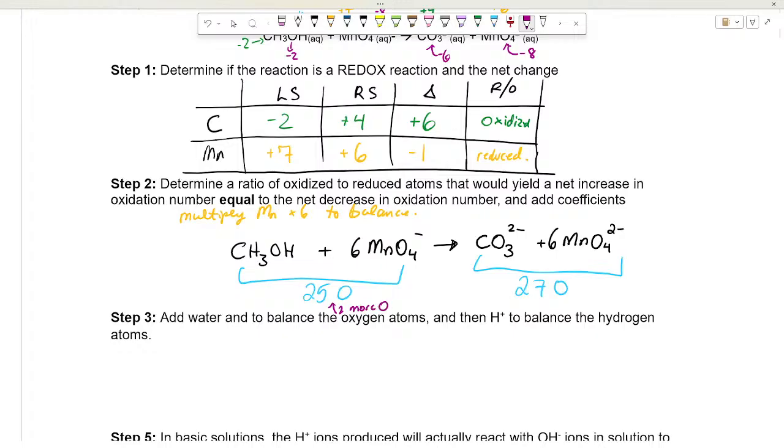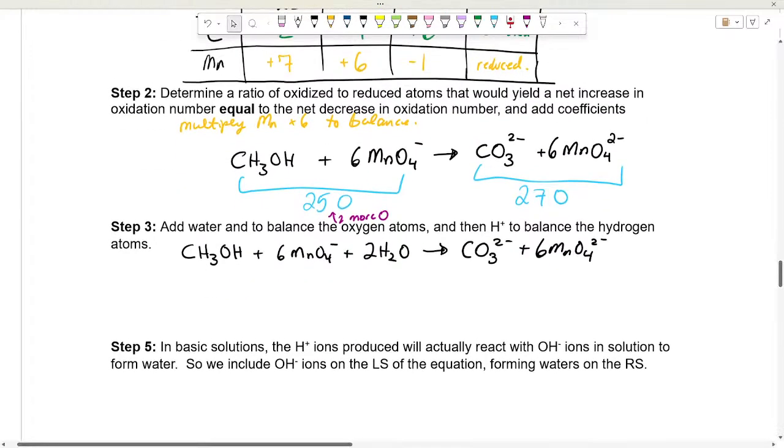Which we're going to add in the form of water. Okay, so that's easy. We'll say CH3OH plus 6 MnO4 minus plus 2 water will yield CO3 2 minus plus 6 MnO4 2 minus. And we really could have done this in one step, but that's okay.